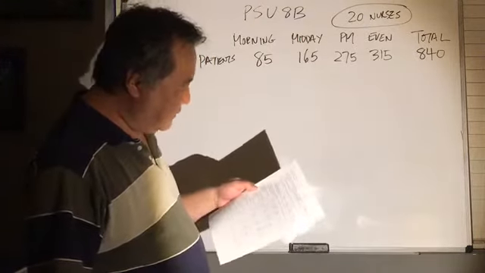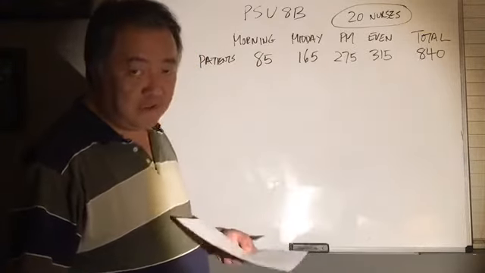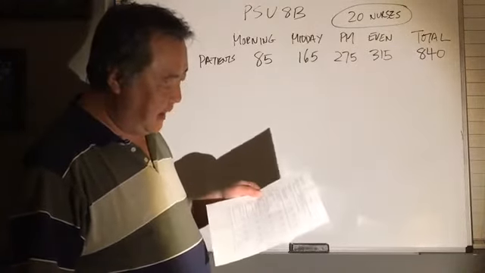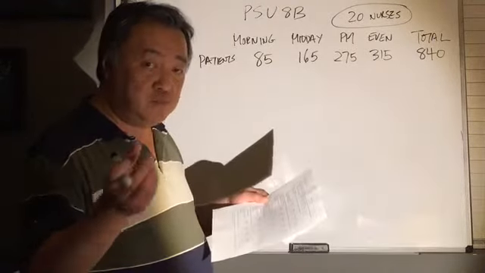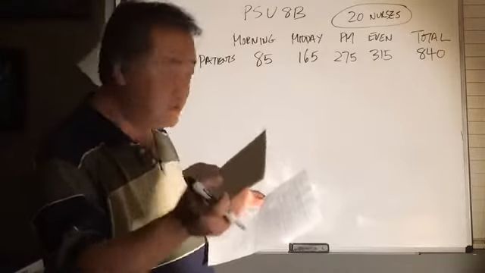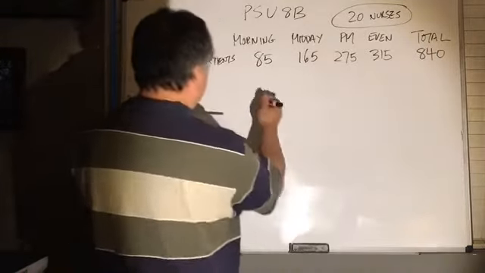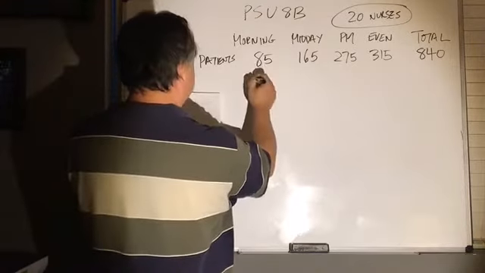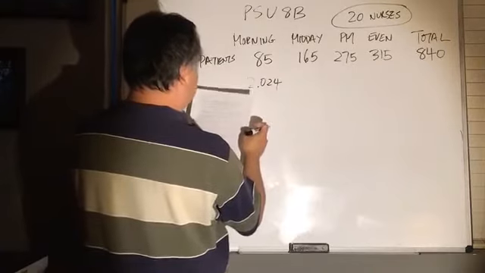Okay, the Hamilton method is you're going to drop the decimals, and then give the extra ones to the ones with the highest value in the decimals. All right, so for example, this is 2.024.